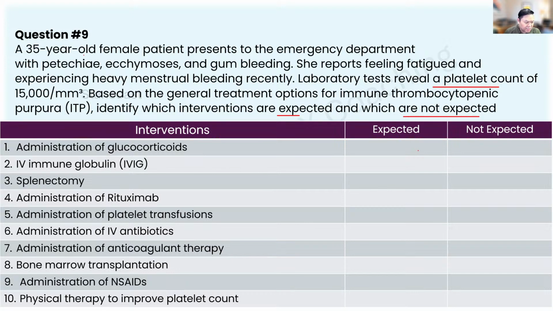Okay. So let's take a look into option number 1, administration of glucocorticoids. Remember that we are going to expect the prednisone as one of the treatment modalities. This is going to suppress the immune response against the platelets in order to increase the platelet count.